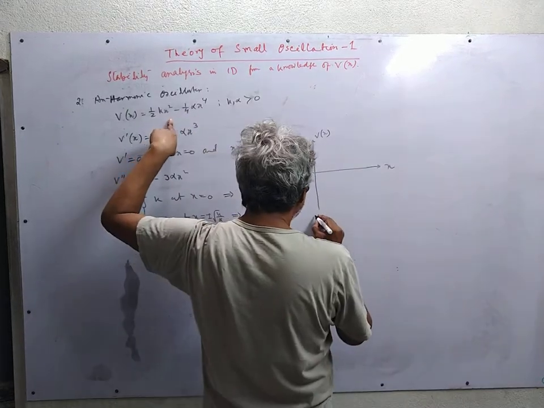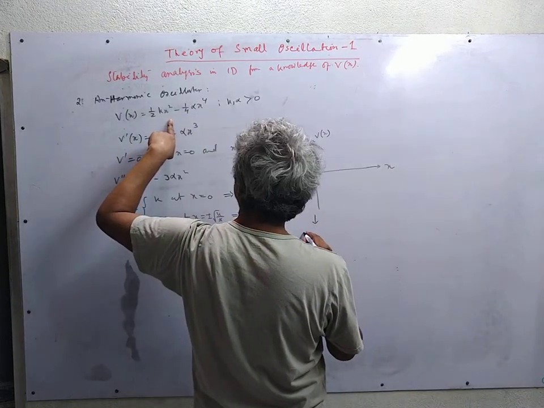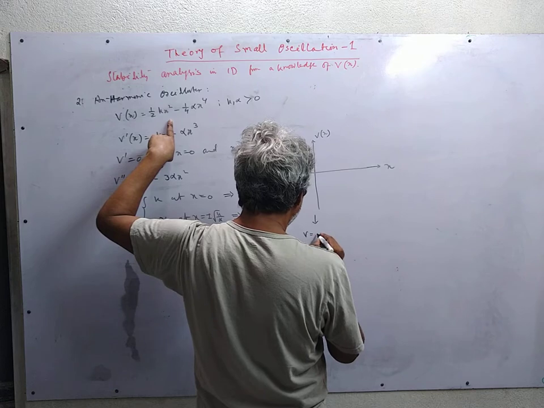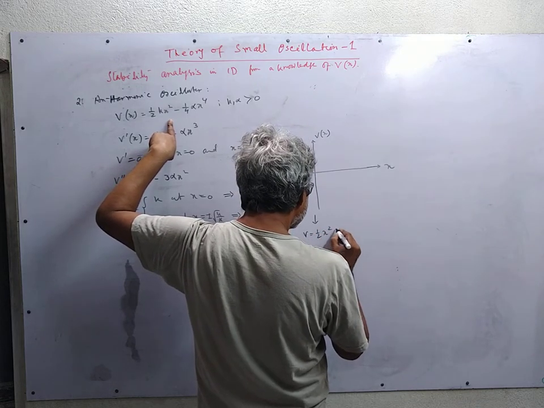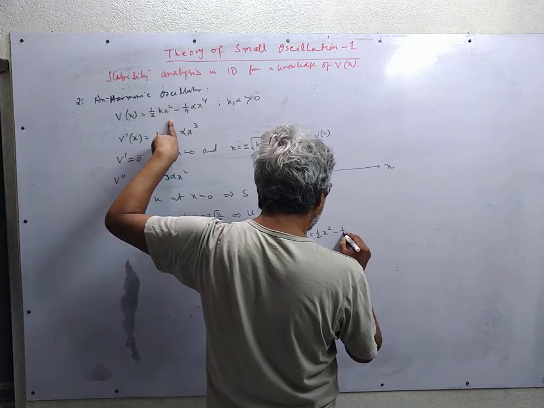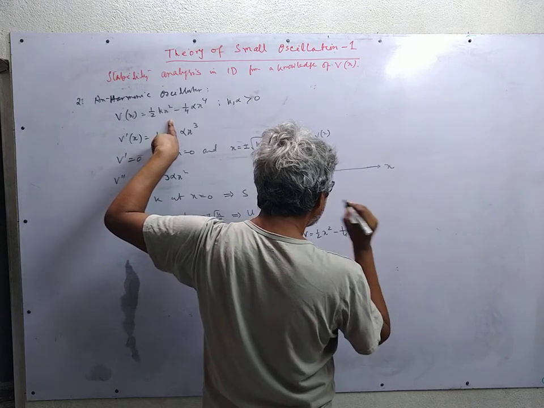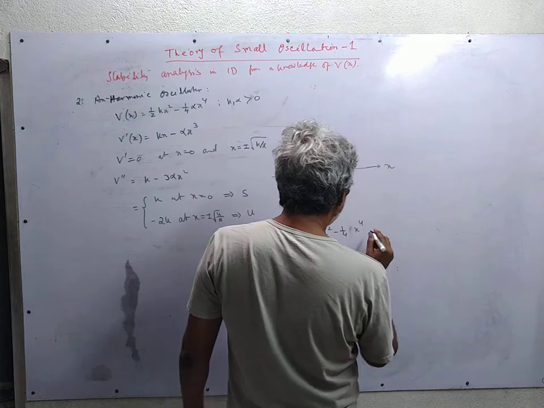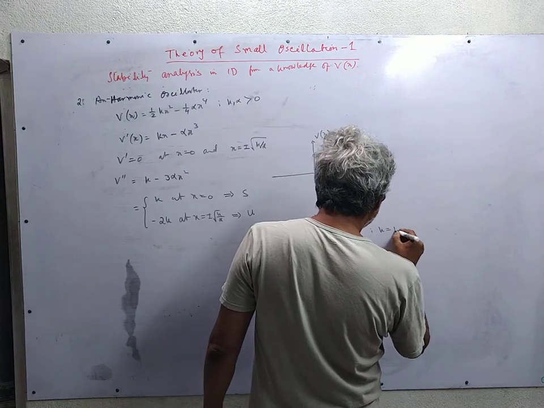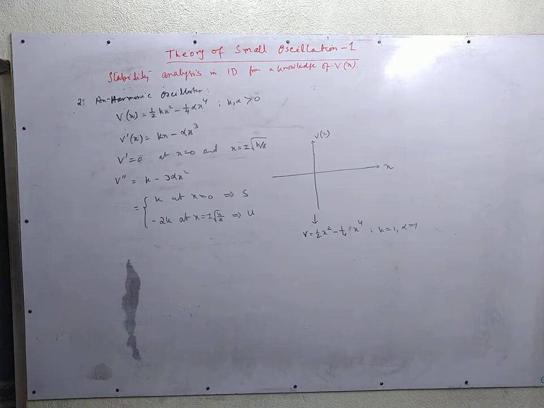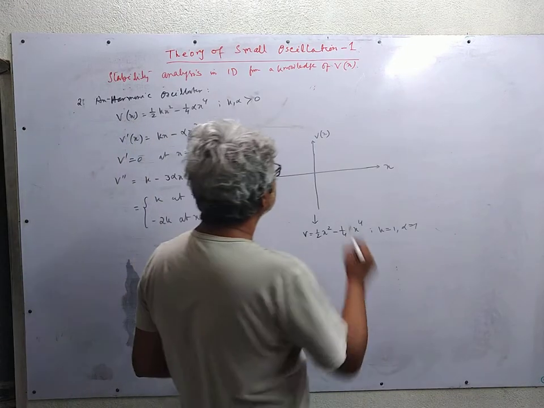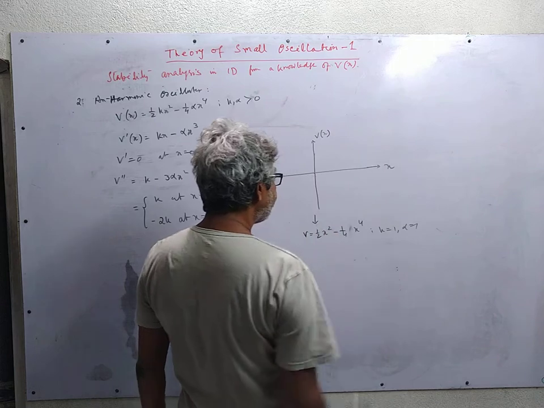So this graph corresponds to V of x is equal to half x square minus 1 by 4 alpha x to the power 4. So k is equal to 1, alpha is equal to 1, that we are choosing. At x is equal to 0, the potential is 0. So it is a 0 point.